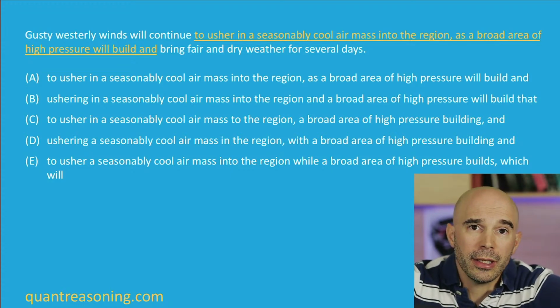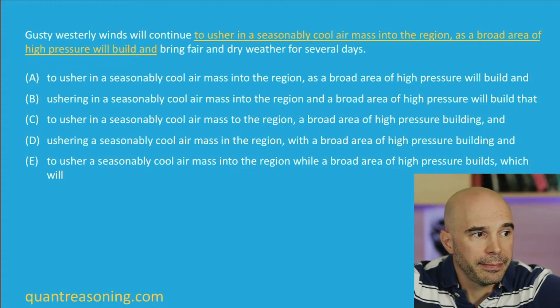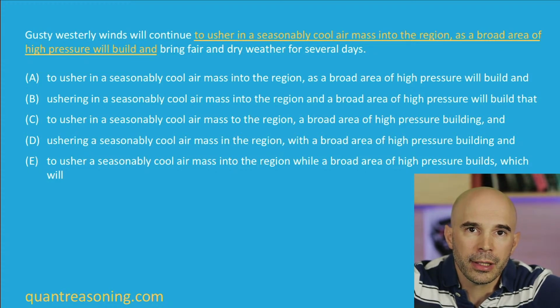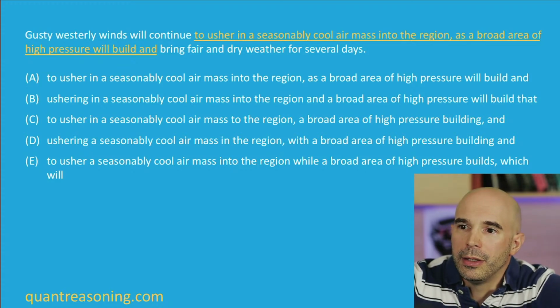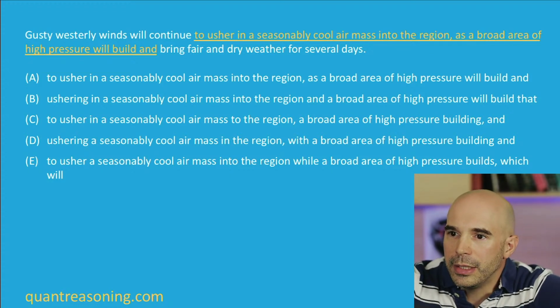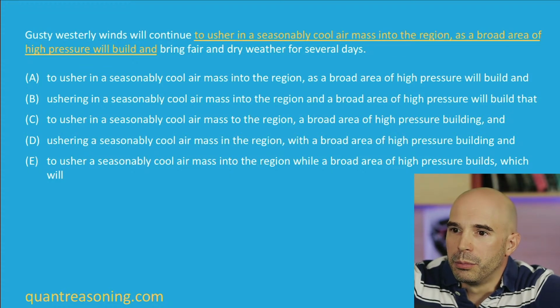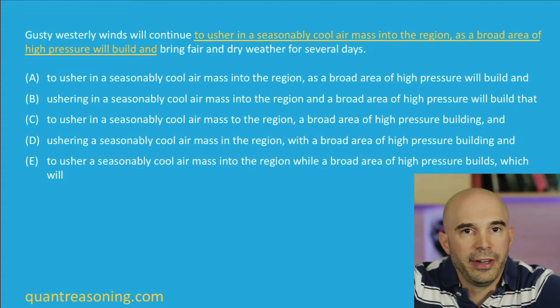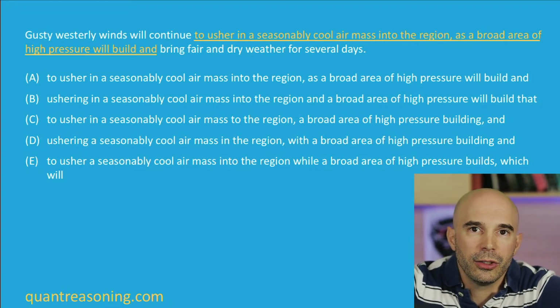Now, unfortunately, I'm not a meteorologist, so I can't say how these pieces of information connect to one another. I can't say whether the gusty westerly winds are the reason for the broad area of high pressure building, or vice versa, or maybe they're unrelated, or maybe one is surprising in the context of the other.